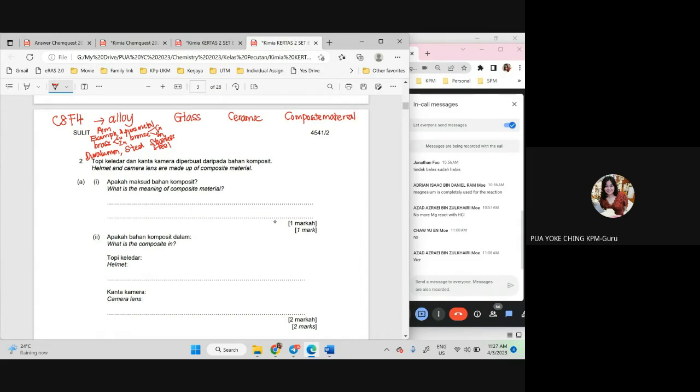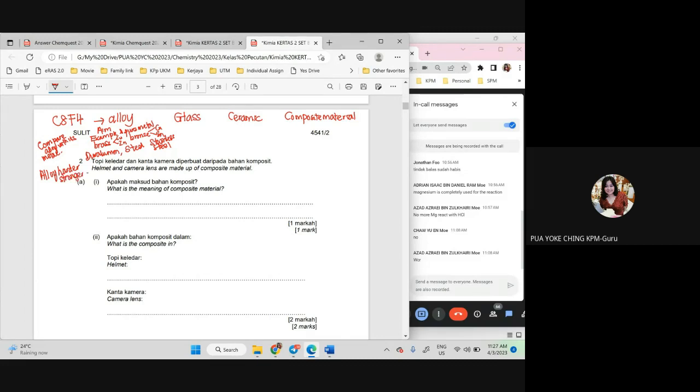And the next one in alloy, it must be asked you to compare alloy with its metal. So when compare, make sure alloy must harder and stronger.